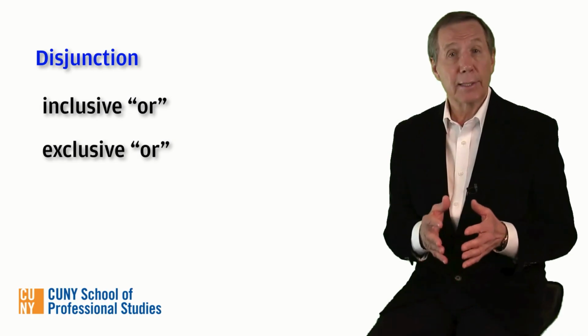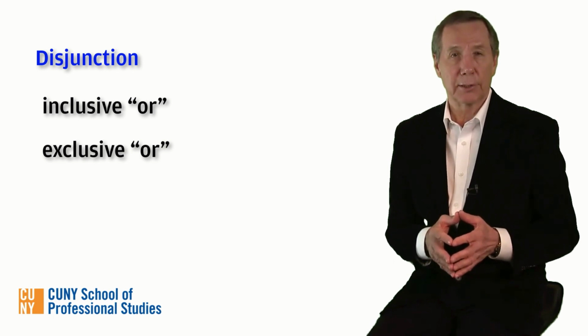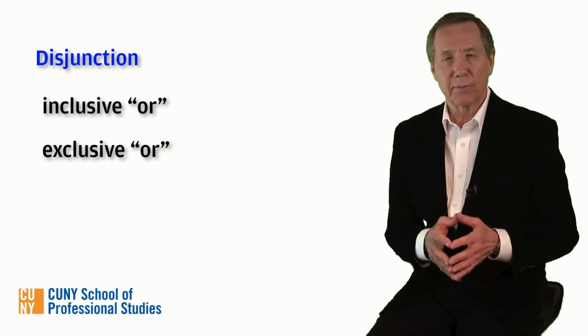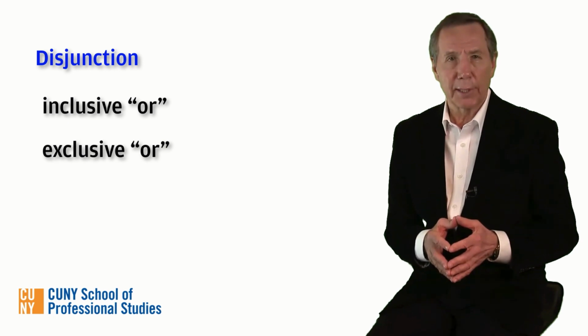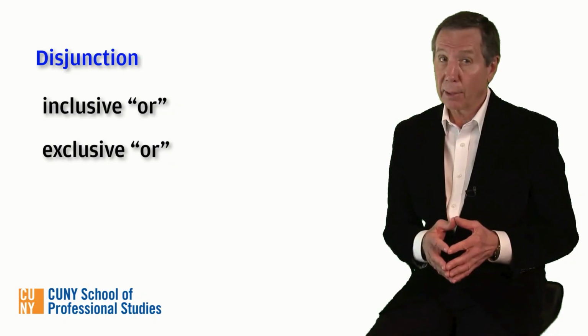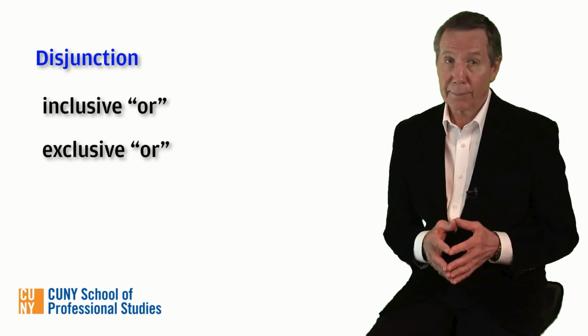That is, the disjuncts would not exclude each other. Your plate could include all of these. But when a disjunction is exclusive, the truth of one of the disjuncts excludes the truth of the other, as in the statement, "We will bring him back alive or bring him back dead." We can't bring him back both alive and dead at the same time.